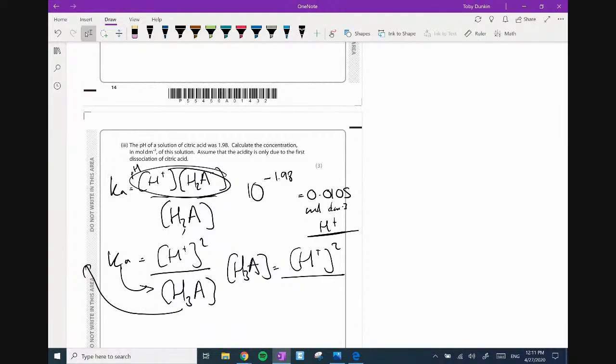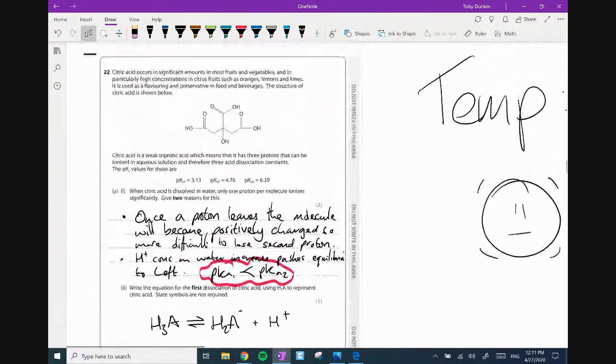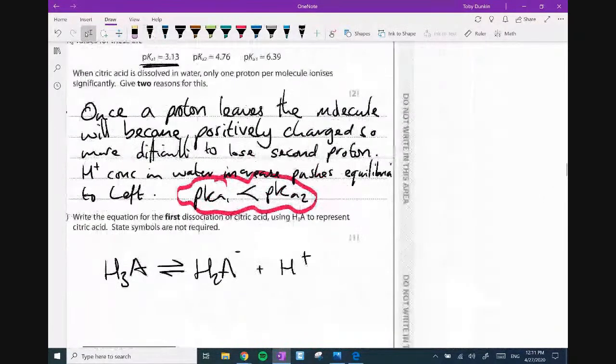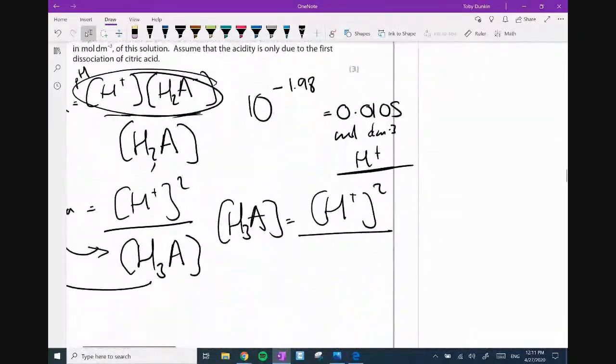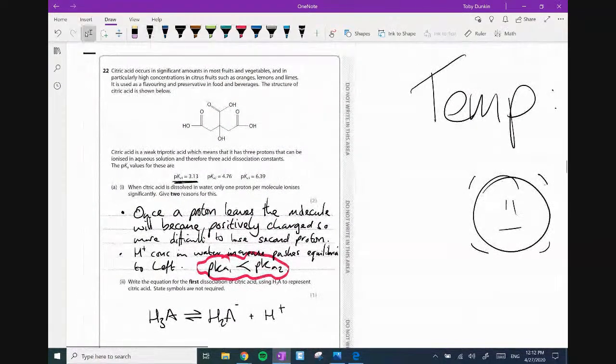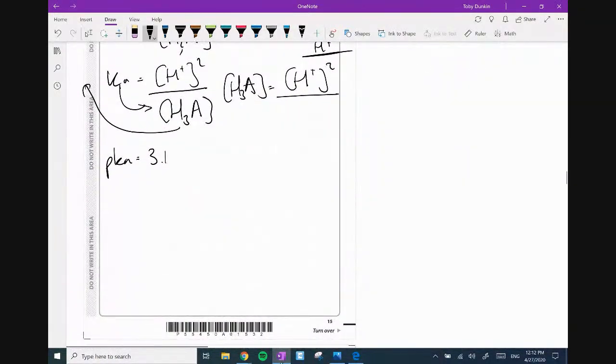What was the Ka value? Now, remember, this is a trap as well: they've given us a pKa value, which means we've got to shift that out of log as well. So pKa equals 3.13, and I'm going to go 10 to the minus 3.13 to get it out of pKa into Ka. So shift log minus 3.13.